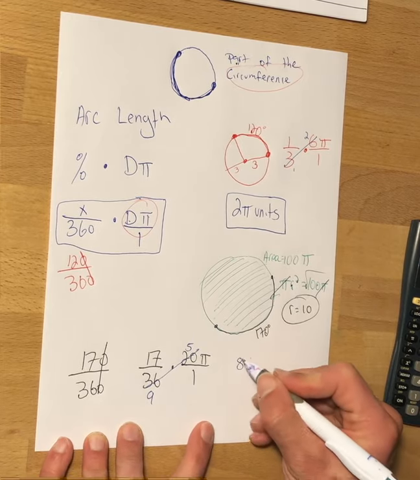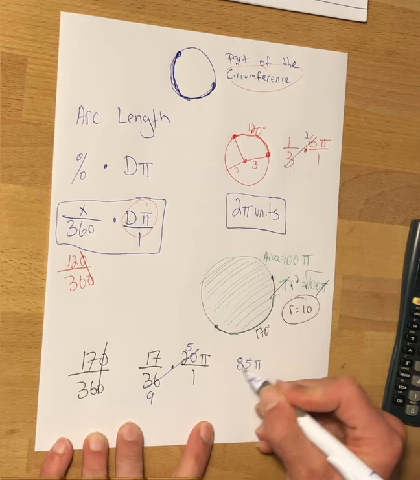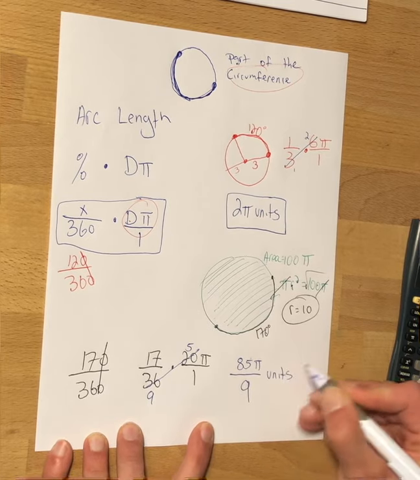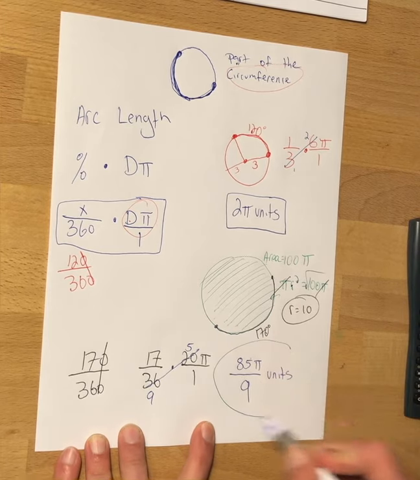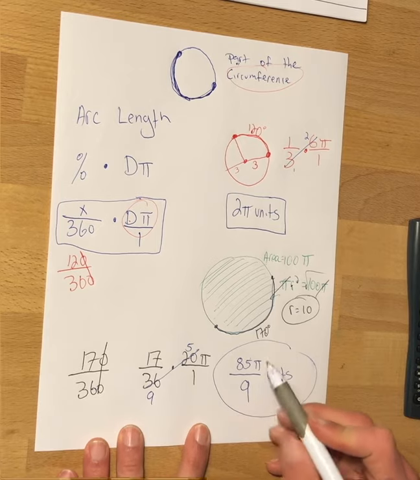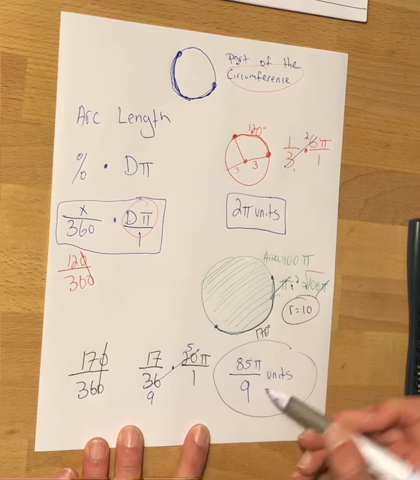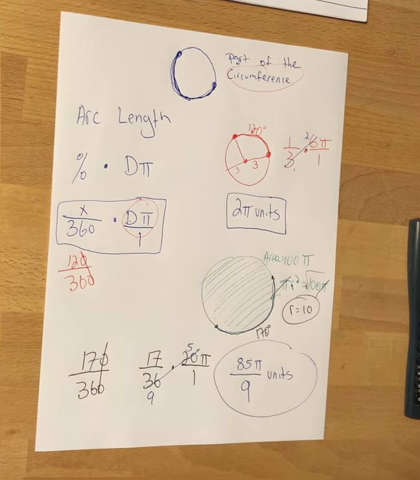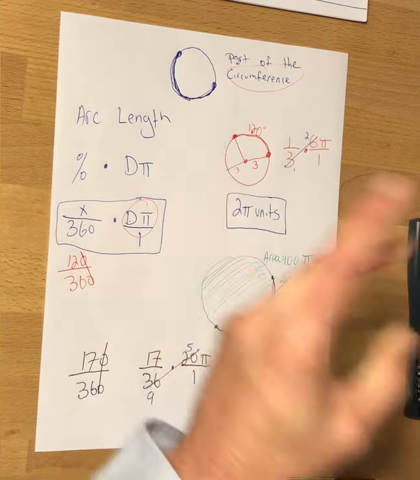It's going to give me 85 pi over 9 units. Not units squared, just units. Circumference is just the distance. If I wanted to figure out the actual number, I would multiply 85 times pi, divided by 9, which is going to give me a decimal. Anyways, two things: sector of a circle and arc length.